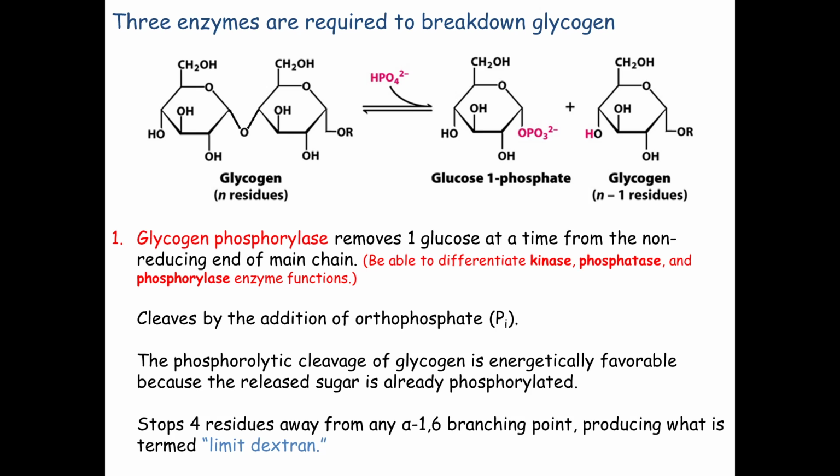One of those subclasses is called a phosphorylase, which, as the name implies, is the one that uses phosphate to break the bond. The vast majority of the hydrolases clearly use water. It's obvious by the name, right? But one of the smaller subclasses uses phosphate to break it. Another smaller subclass uses ammonia to break the bond, right? So it's a separate subclass of the big umbrella category called hydrolases.